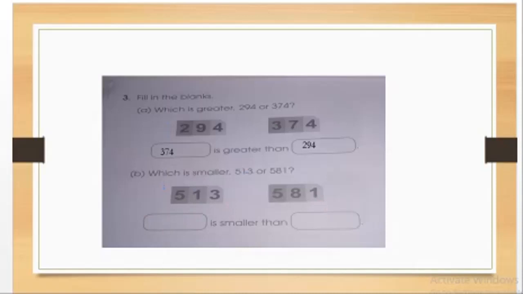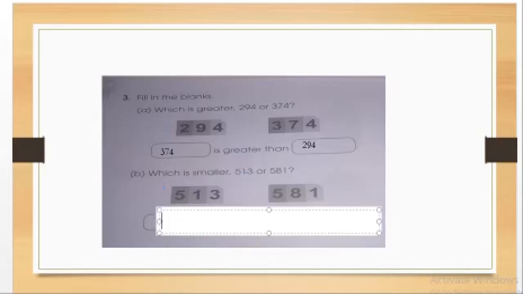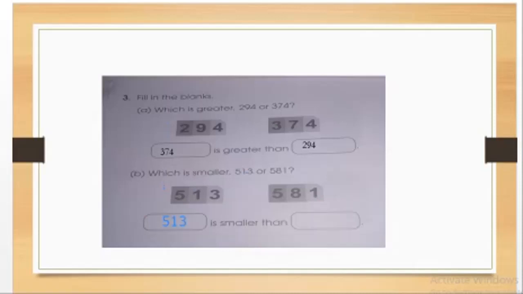So let's write it down. 530 is smaller than 581. So in this example, you mention the smaller number at the first place and the greater number at the second place. Yes, I'm sure that you guys just start enjoying it.